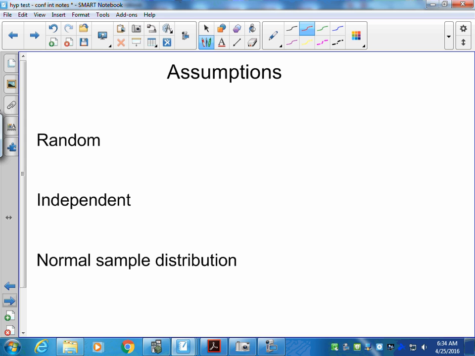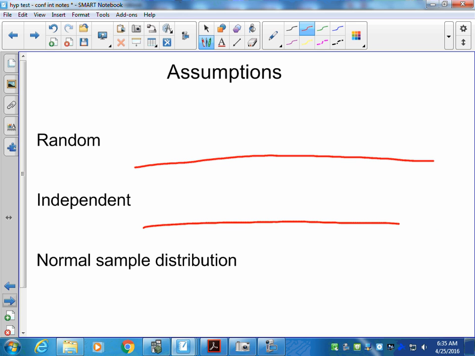Now, assumptions. When we're looking at assumptions, we have to verify 3 things. Is it random? Is it independent? And is it a normal sample distribution? Now, the first 2 are not dependent on type. Random and independent is something that we do the same way in any test or interval.